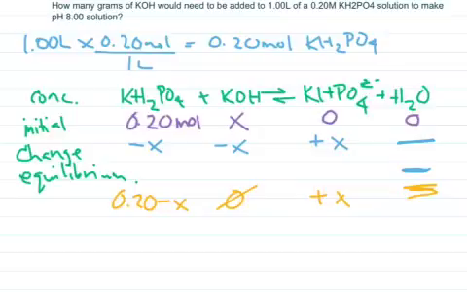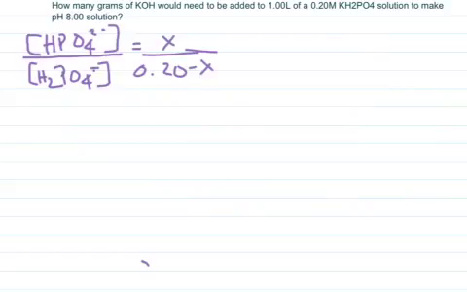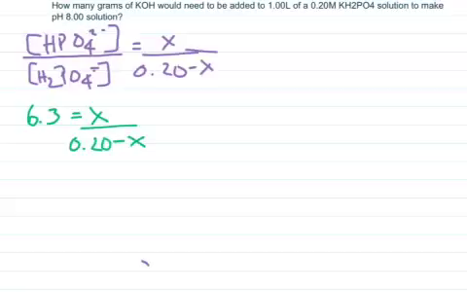Alright, so because this is a weak acid, let's start figuring things out. From our reaction table, I get HPO4 2-, which is my base, over my acid, H2PO4-, equal to x over 0.20 minus x. We know that my ratio is 6.3, so 6.3 equals x over 0.20 minus x.